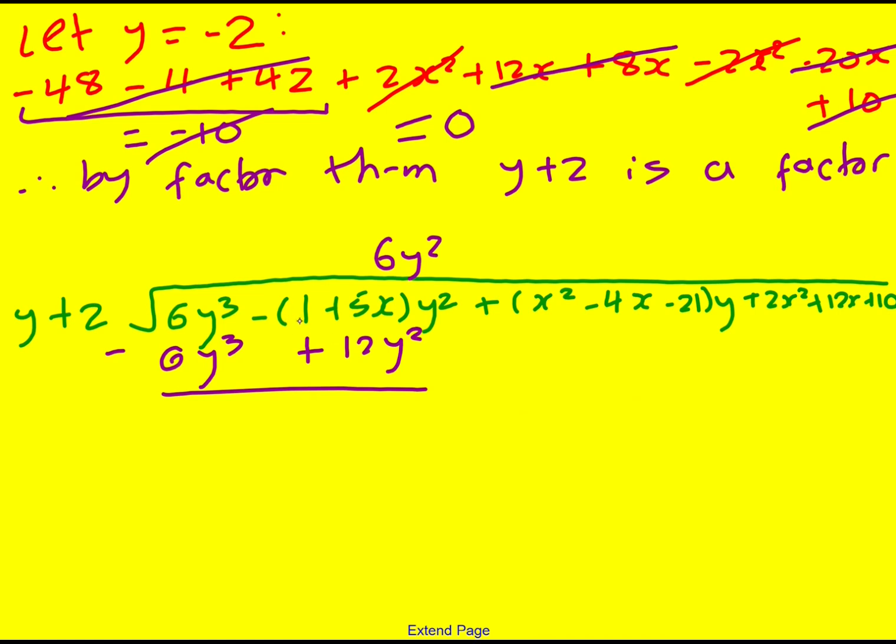I'm going to get minus 1 minus 12, so it's actually going to become minus 13. You know what? I'm not going to take the minus out of the whole thing. Minus 13 minus 5x, lots of y squared. Oh, I will take it out now here. So minus 13 plus 5x times y when I divide through by y.